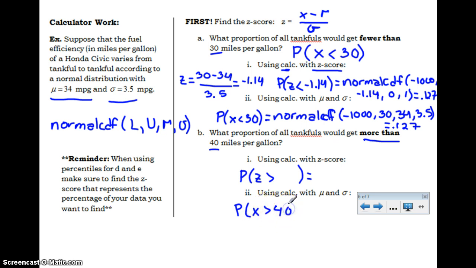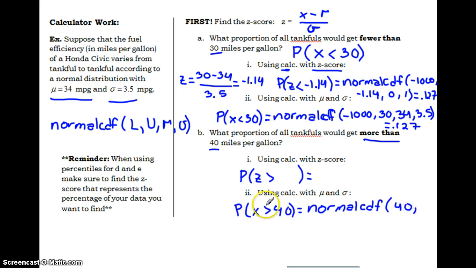So think about how I'm going to put that into my calculator if I'm using the normal CDF. I can still use normal CDF, but since I always have to put in the lower and the upper, what would be my lower part of the interval if I want to go greater than 40? If x is bigger than 40, the lower end is going to be the 40 this time.